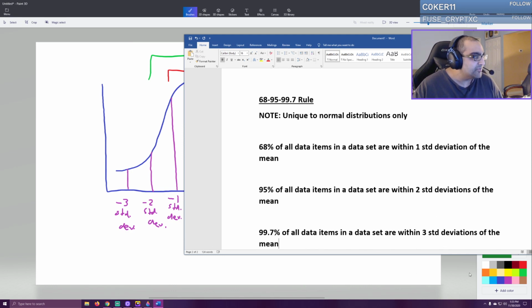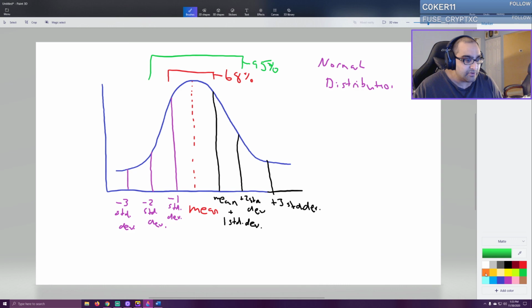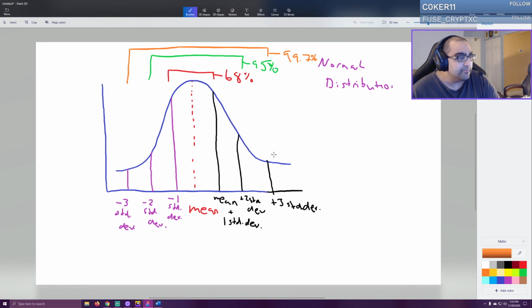If I mark this one in orange, between here and here, this represents 99.7% of all data items in a data set. So that's essentially how that will work.